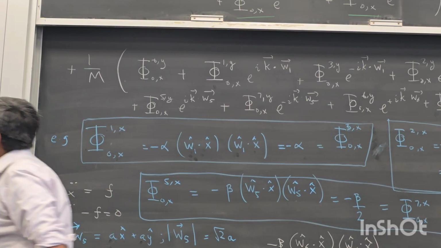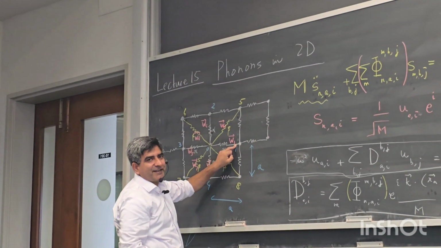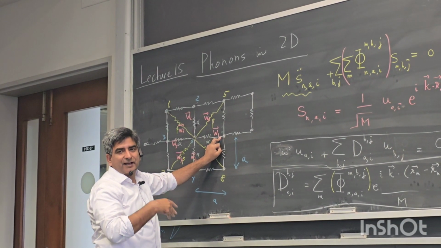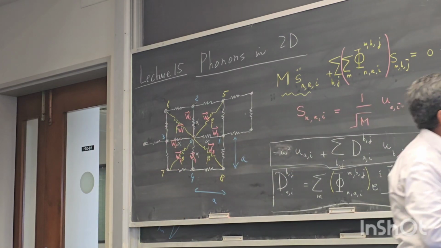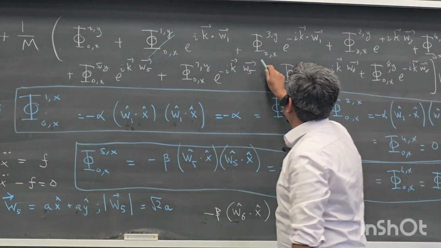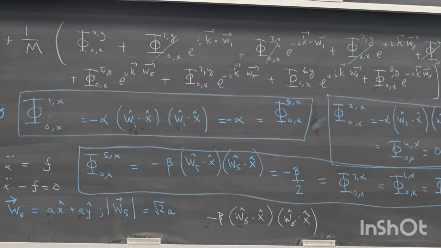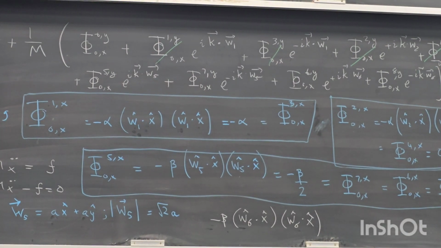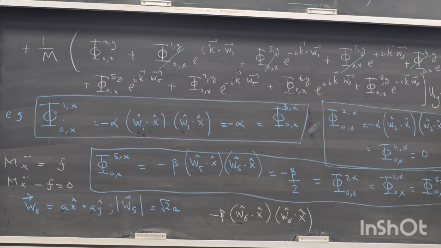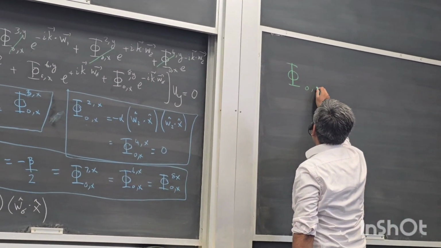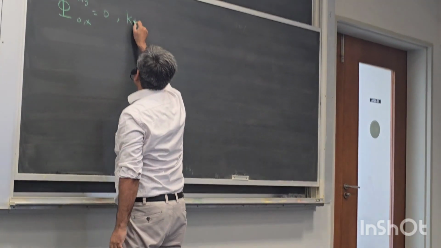So if I were to take W1, say, and once I take the projection along x, I get non-zero, but I need a projection along y, I'll get 0. So all of these terms will yield 0, correct? So all the phi 0x, any ky is 0 where k is 1, 2, 3, 4.